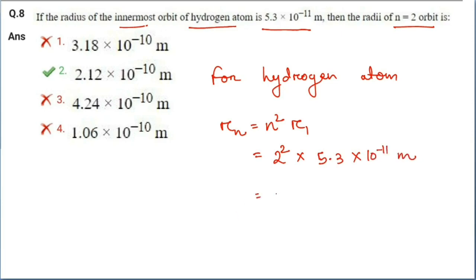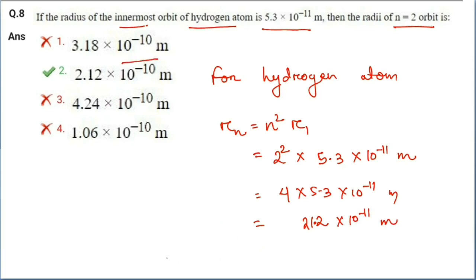into 10 to the power minus 11 meter. So 4 into 5.3 into 10 to the power minus 11 meter. 4 3 is 12, 2 4 5 are 20, 21.2 into 10 to the power minus 11 meter.